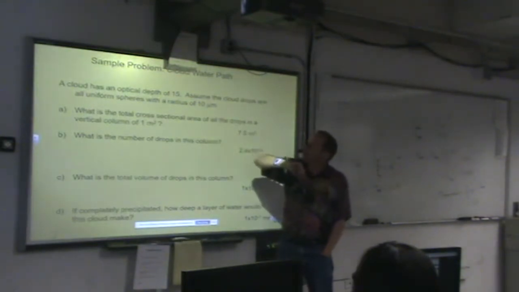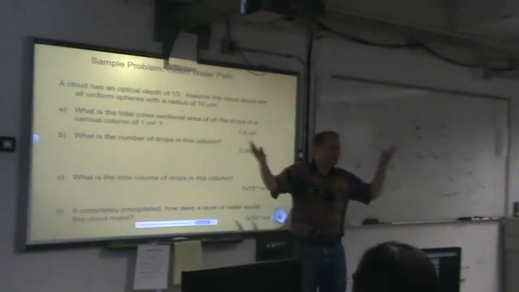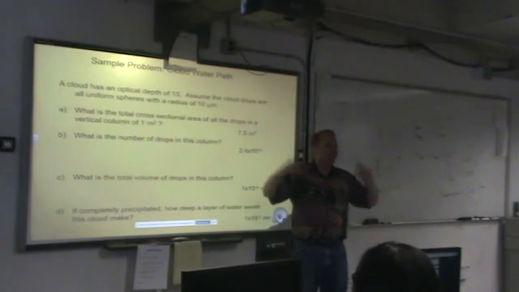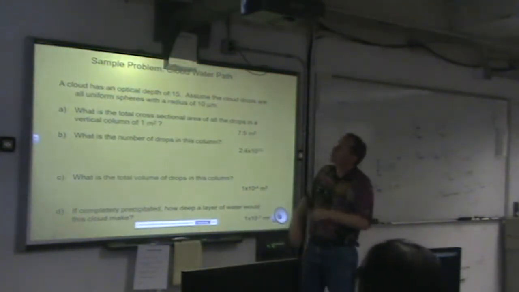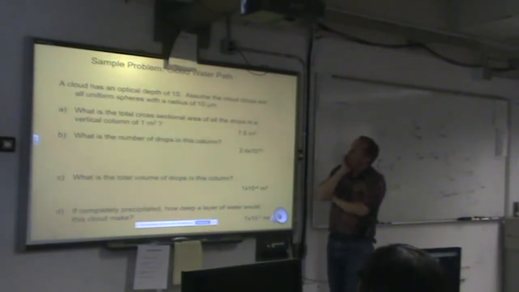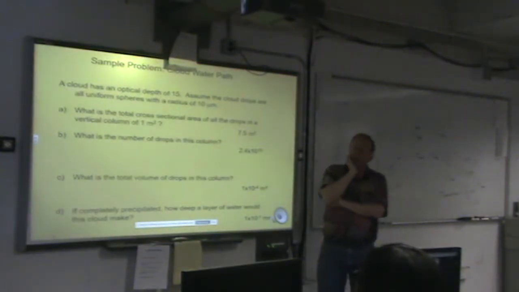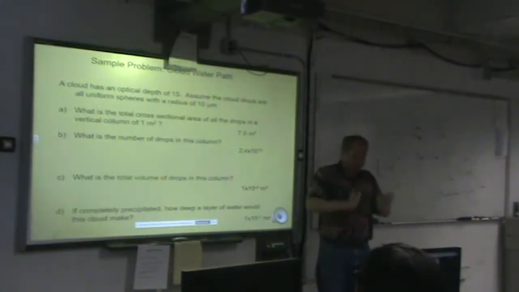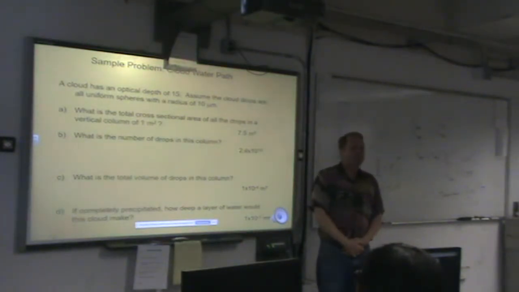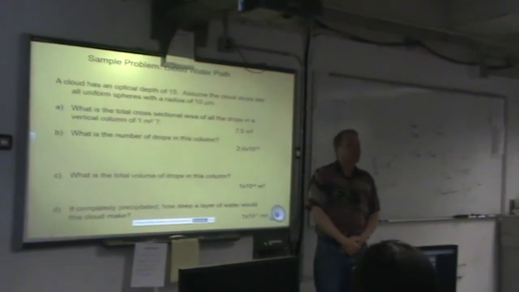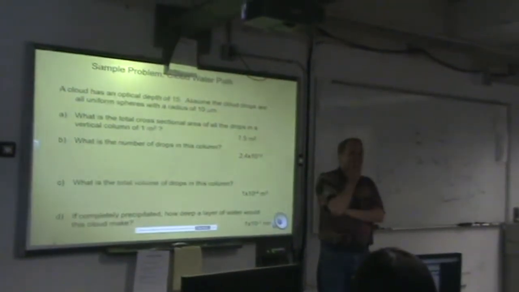And we've measured an optical depth of 15. However we measure an optical depth, that's what we do. So, what is the total cross-sectional area of all the drops in a vertical column of 1 square meter? You take 1 square meter, cut it out, you cut through the clouds, and take the cross-section of every little drop in there.